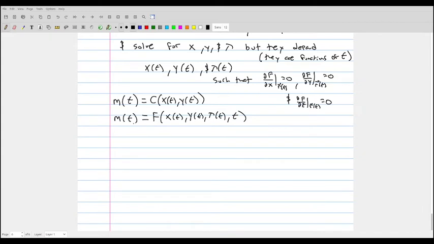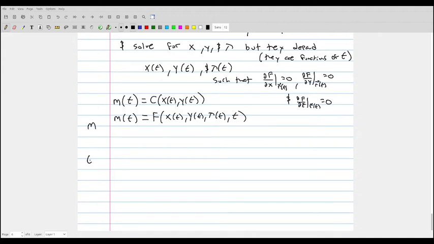So we could say, what's the rate of change, or the derivative, of this minimum cost, this m of t? The correct answer to this question lies in the multivariable chain rule, because this minimum cost depends on a number of different things.